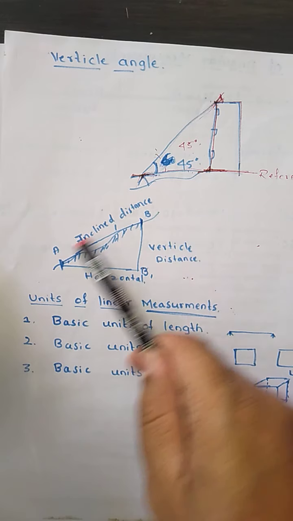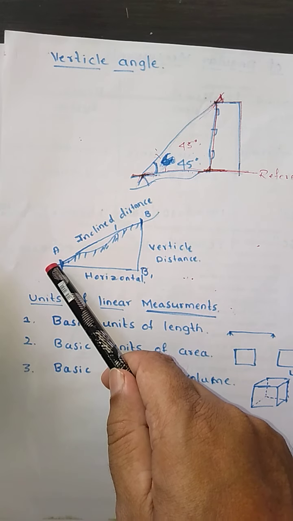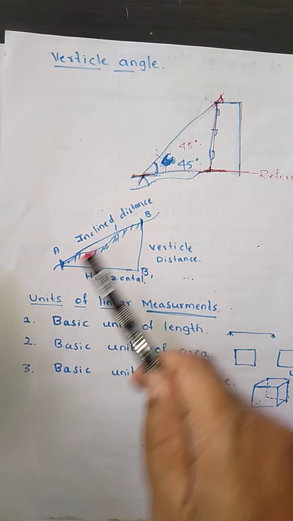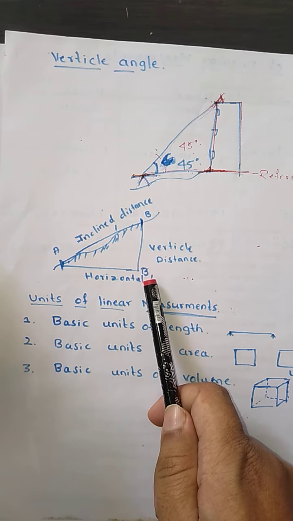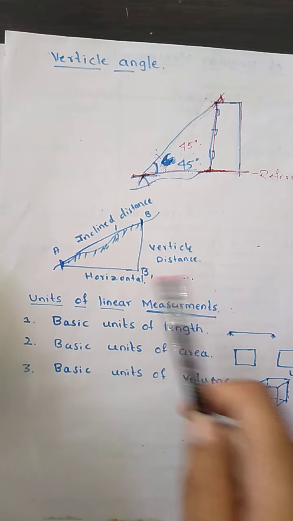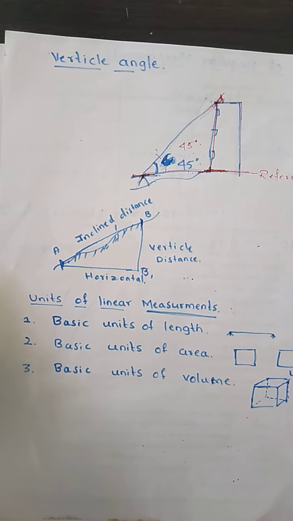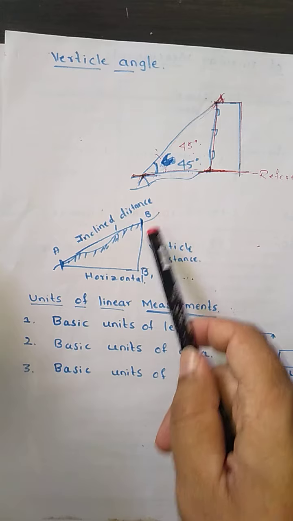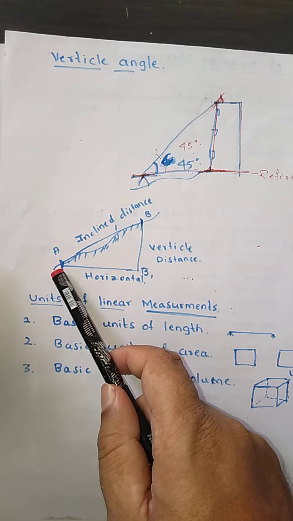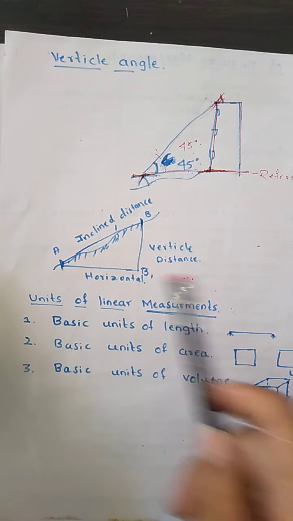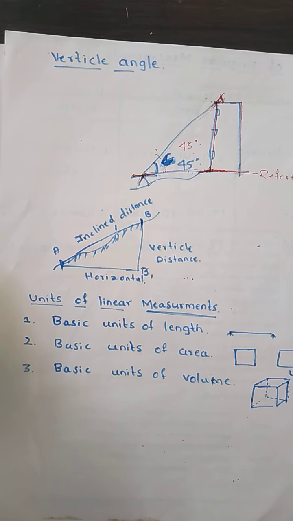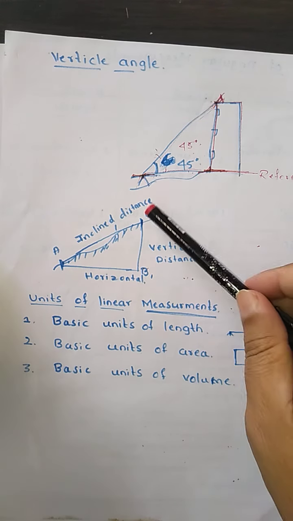This is called an inclined distance. Then we have the point B1 over here. AB is the inclined distance, AB1 is the horizontal distance between A and B. Then BB1 is the vertical distance.